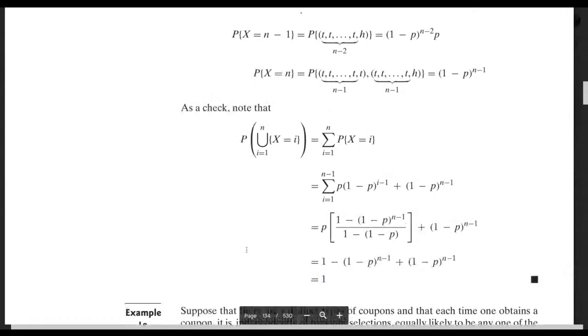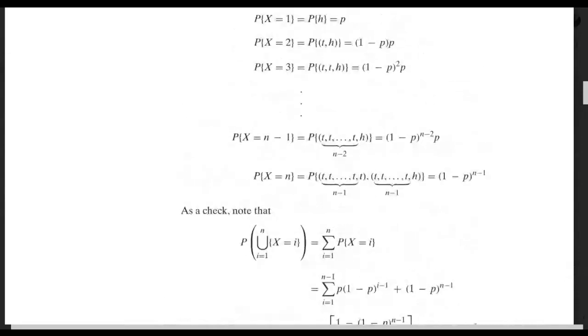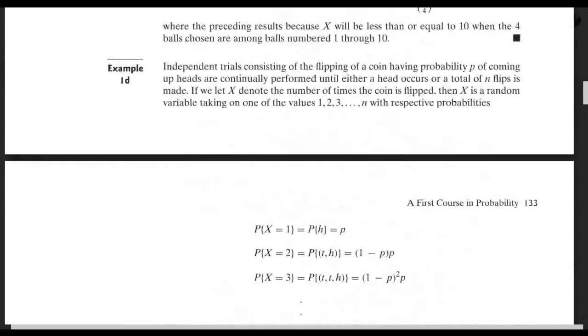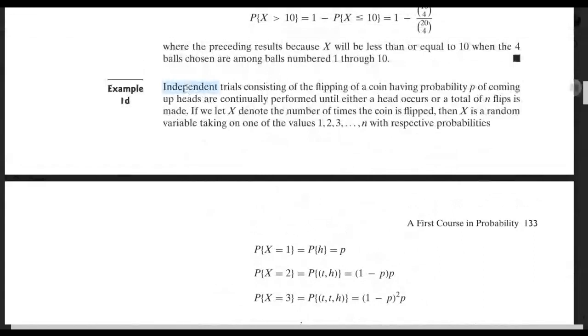Then we can add up all those probabilities for all of them. That has to be 1, because each trial is independent, right?